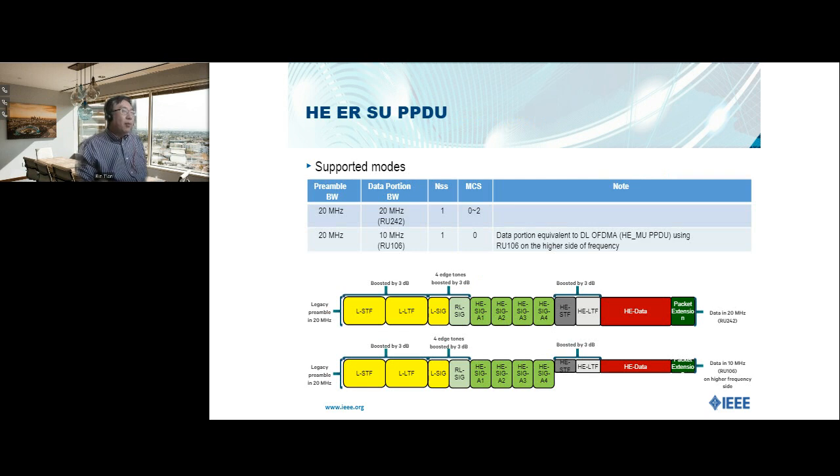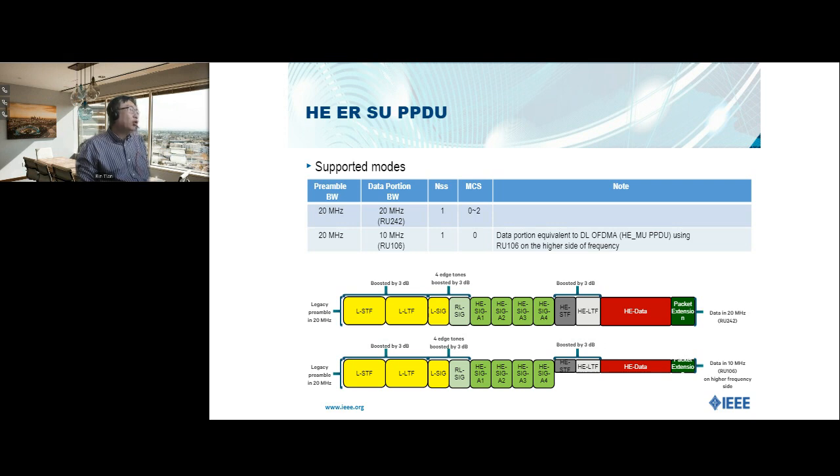Okay, before we end this section, let's revisit EISU. EISU, we are saying it's an extended range SU. We want to provide a power boost and an actual link budget benefit. We said we'll do a 3 dB link budget gain in the preamble part. We are doing that by a 3 dB power boosting of the STF and LTF.